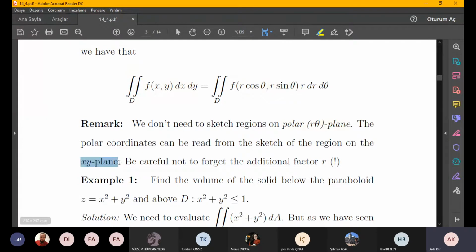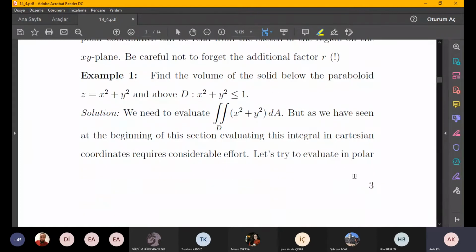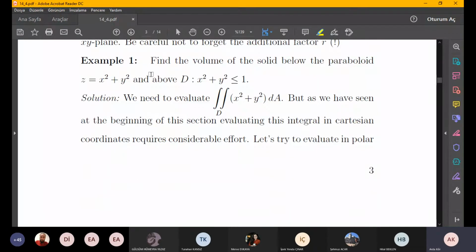We can directly write them from the sketch in the Cartesian coordinate plane. But of course we shouldn't forget the factor r in dA. So let's see an example.